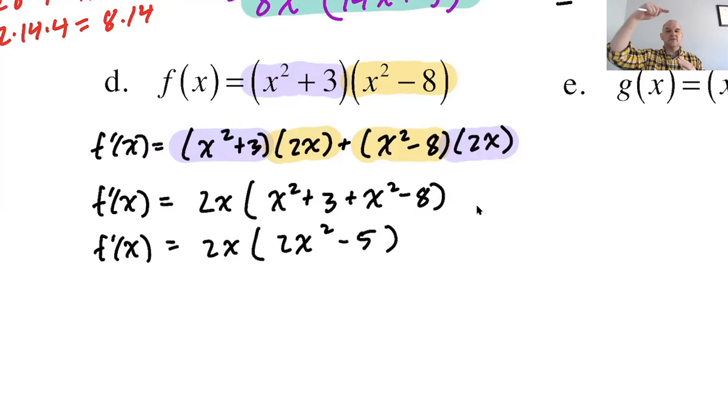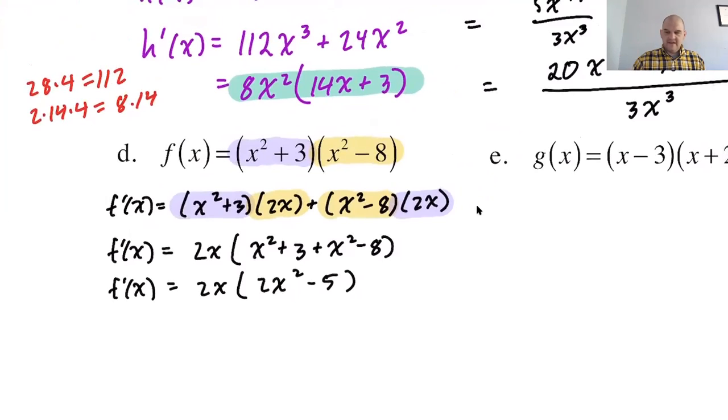One shifts it up 3, one shifts it down 8, but they have the exact same shape. So there's no reason the slope wouldn't be the same at every x coordinate. It's just that the y values will be different. But derivatives aren't really about y values. They're about rates of change, slope, the overall shape of the curve, but not where it is with respect to the y-axis. But anyway, I'm going to end this one here.